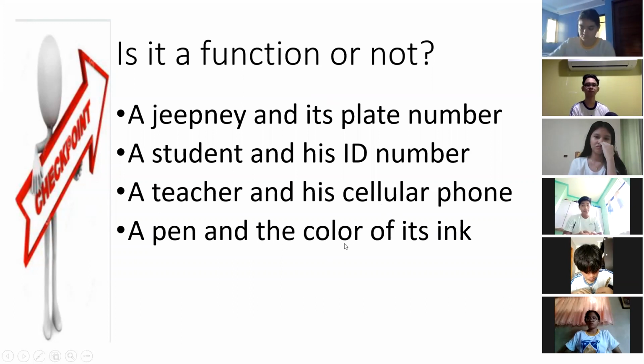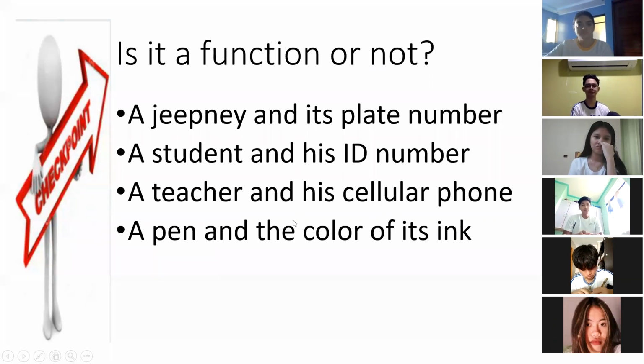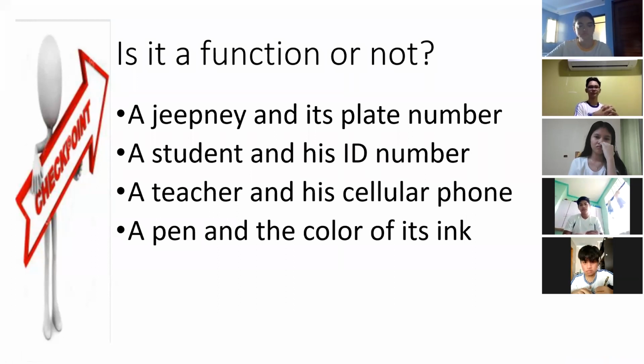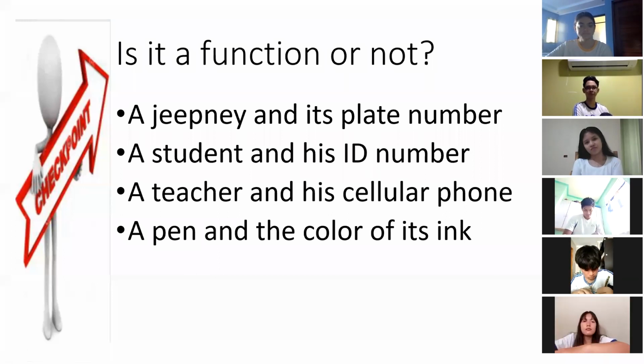Similarly, a pen and the color of its ink. It could be that a single pen could have multiple inks. If you can remember way back when you were looking around a store, in particular National Bookstore, you happen to encounter a retractable pen with multiple colors.